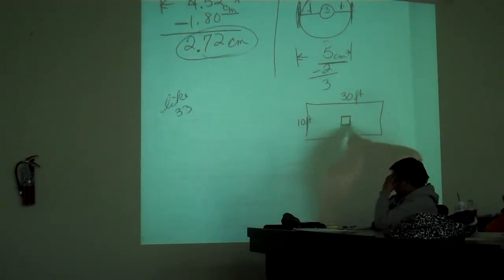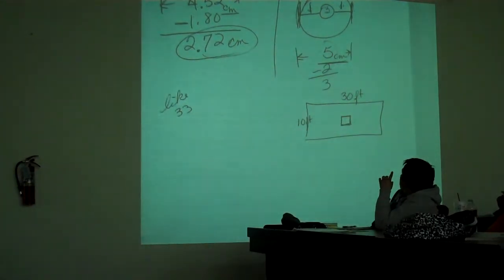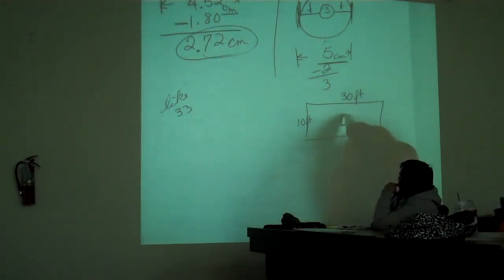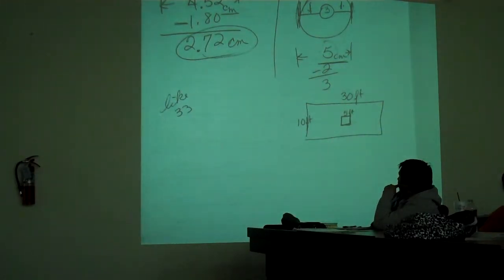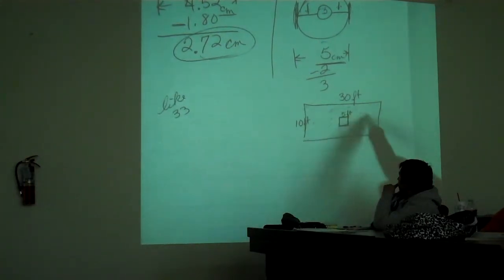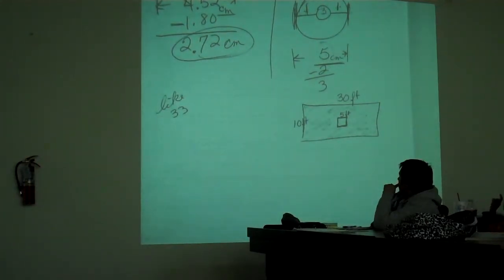Maybe you have a cement square that you have your grill or something put on it, okay? This square has sides that are 5 foot apart, 5 foot on each side. If you're going to put grass everywhere except where the cement is, how much grass is that? What area does that cover?